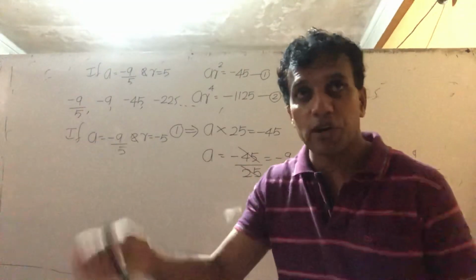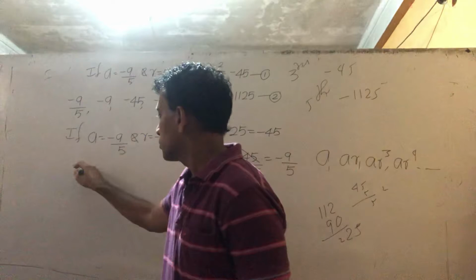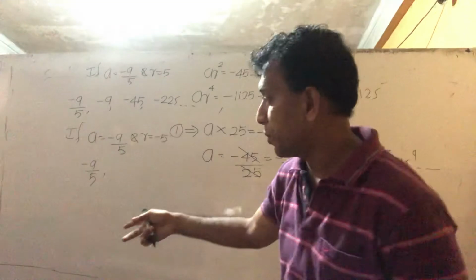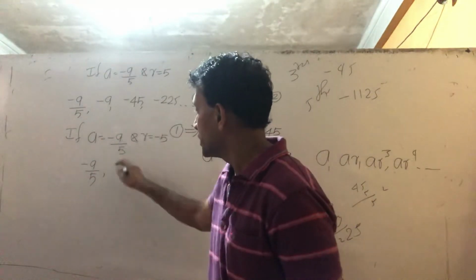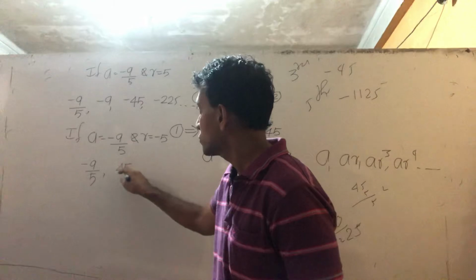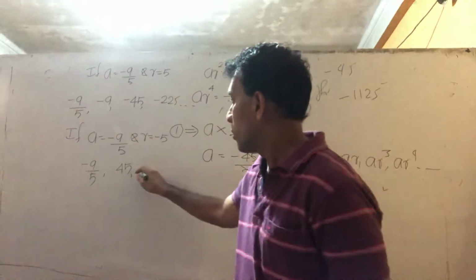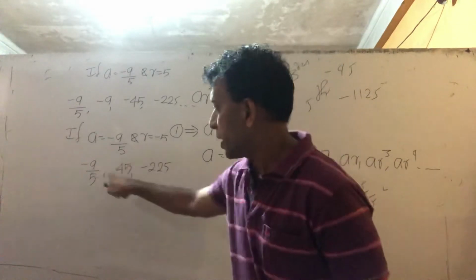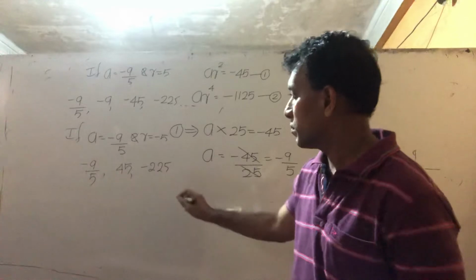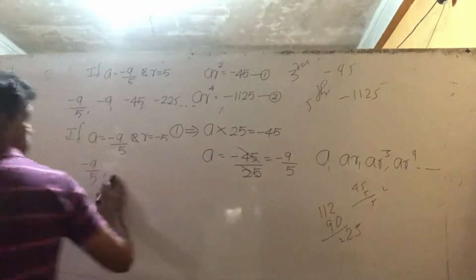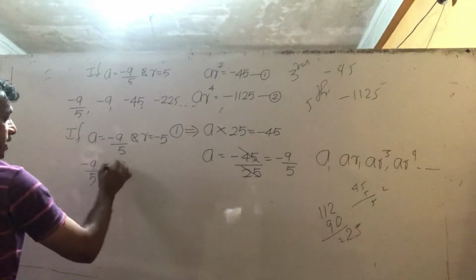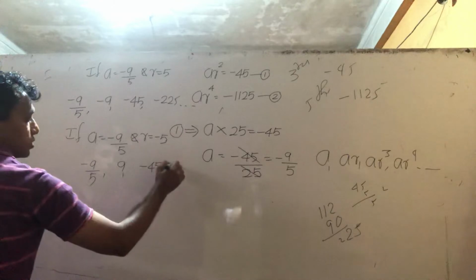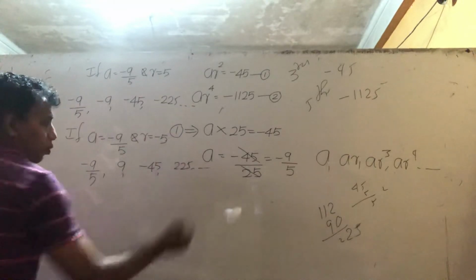Multiply by minus 5: a is minus 9 over 5, multiplied by minus 5, the 5 cancels, that is 9. Multiplied by minus 5, minus 45. Multiplied by minus 5, 225, and so on.